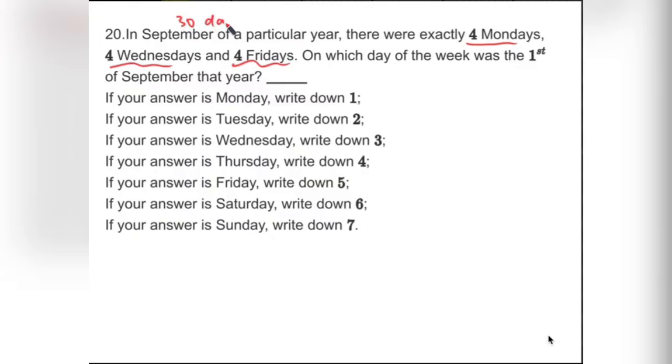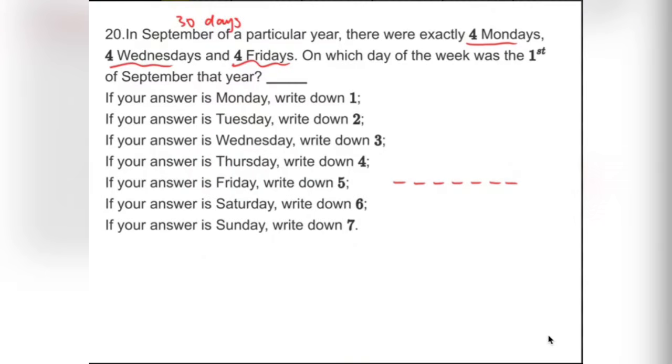Then let's have a look. When it comes to a month, we can confirm that there will definitely be 4 whole weeks, right? So let's try to draw out a mini calendar. 1, 2, 3, 4, 5, 6, 7.